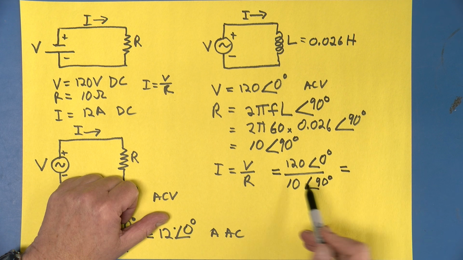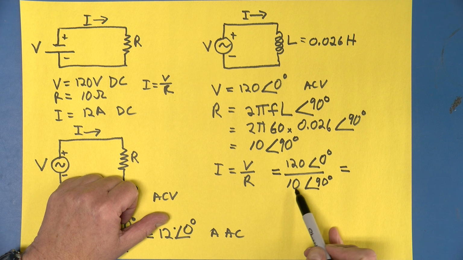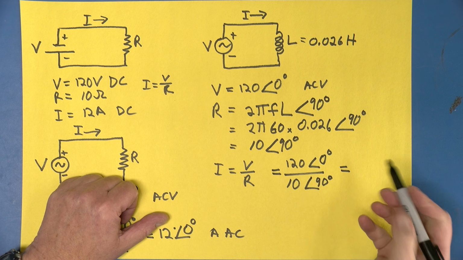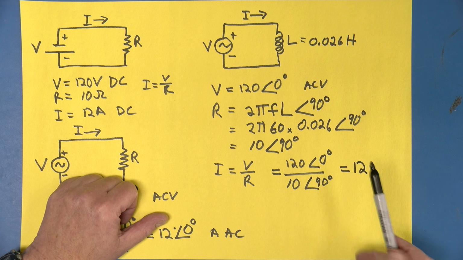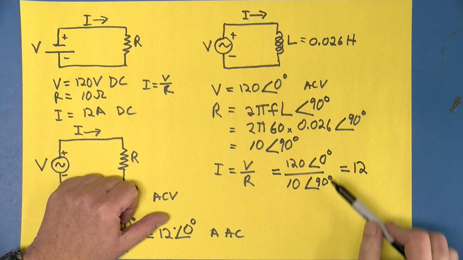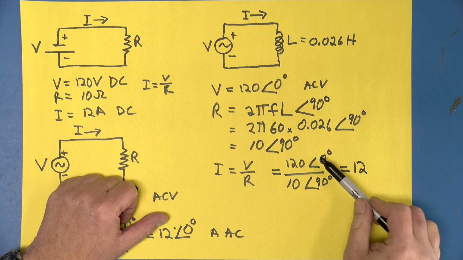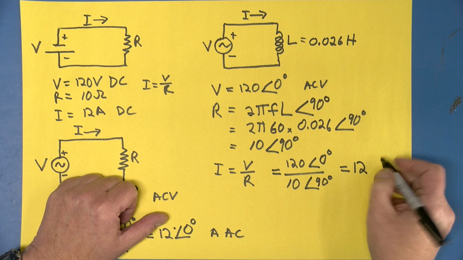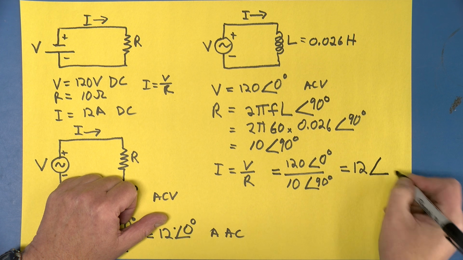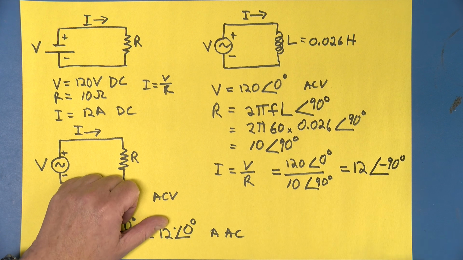And the rule is we take 120 and we divide it by 10, and so we get 12. And for phasors, when we do a division, we subtract, so 0 minus 90 is negative 90. So here we go. And that is our current.